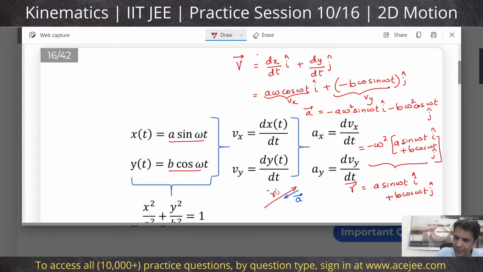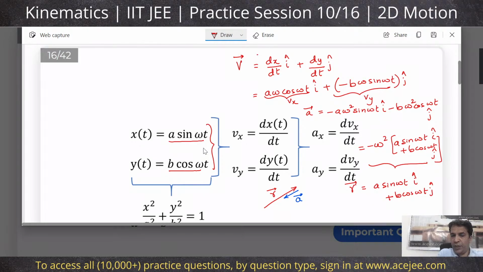Now, at times you might be asked to determine the trajectory of the particle. What do you mean by trajectory of the particle? Trajectory is the path followed by the particle, right? How do you determine that? Well, we're interested only in the path. We're not interested in time, right? So remove the time variable, and the equation that you will get in x and y is the trajectory equation. For this one, it's fairly simple.